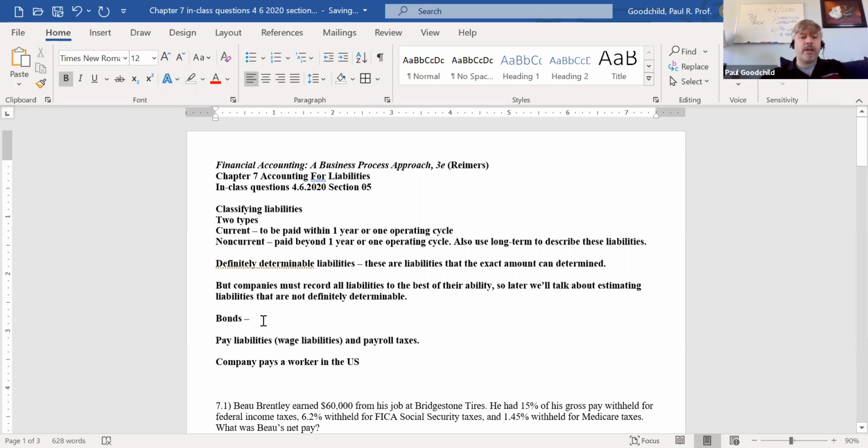Okay, we're also going to talk about bonds, and these are a legal document similar to stock, except they're debt. And bonds are usually issued to the public.